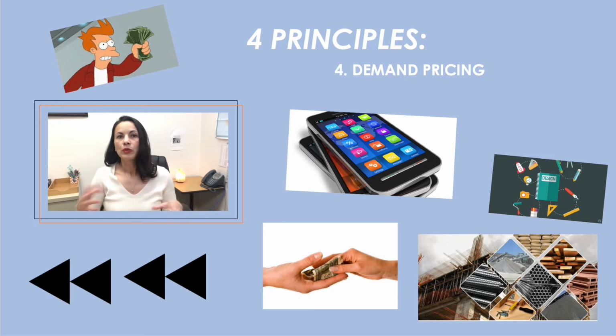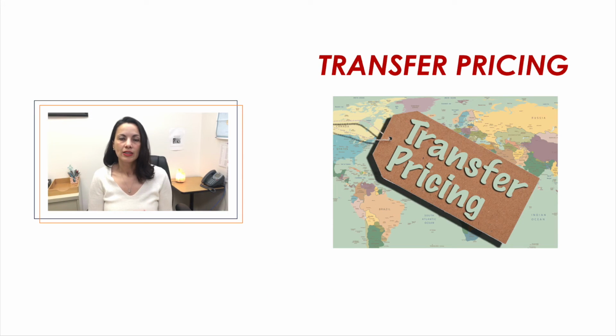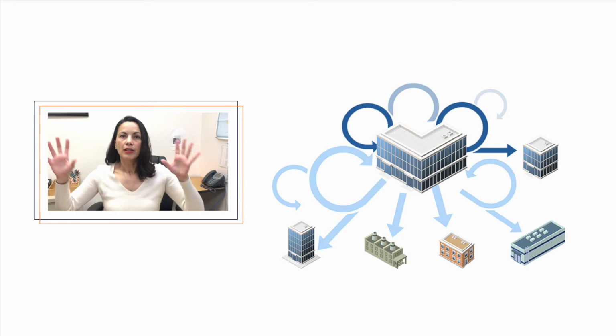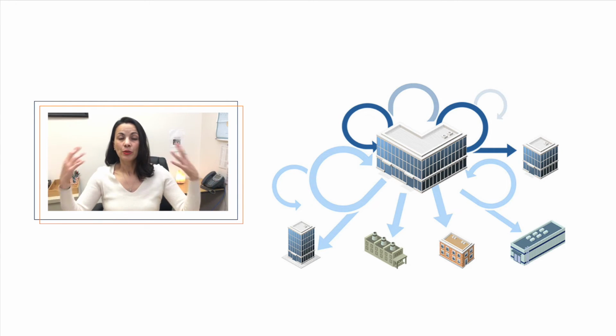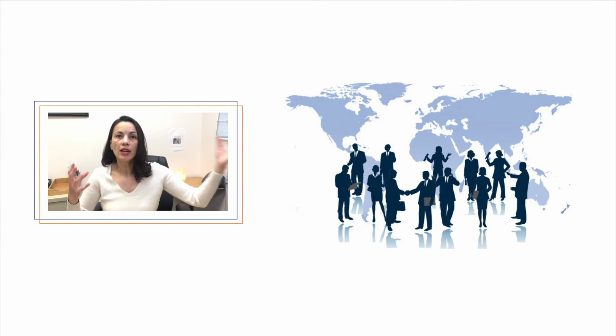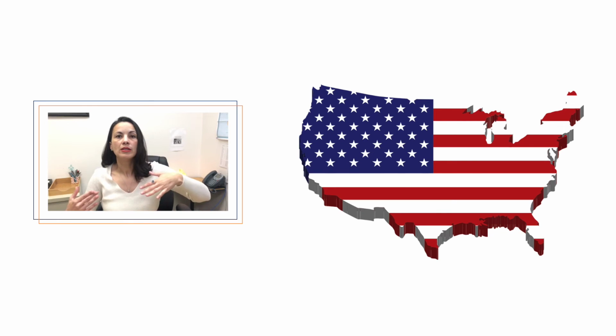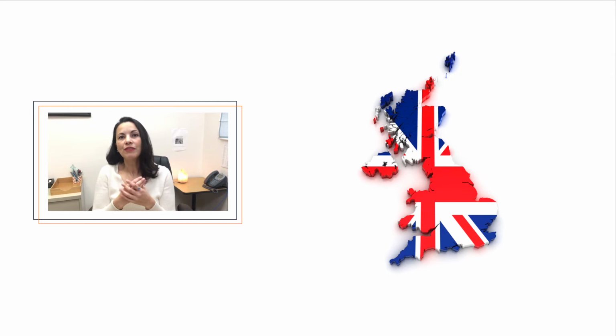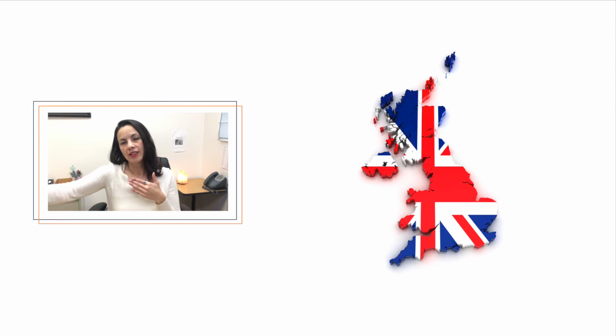The second related topic to this is called transfer pricing. Why do we care about transfer pricing? That is because companies usually have subsidiaries in different places. You'll be surprised to know that when you transfer a product from one country to the other one, let's say from the US to the UK, doesn't matter if it's the same parent company, you have to sell the product to the other company.